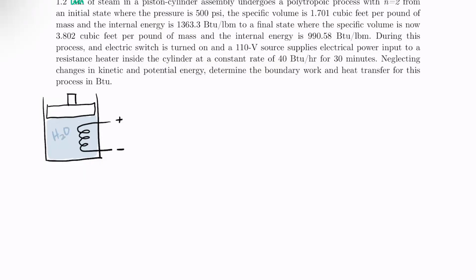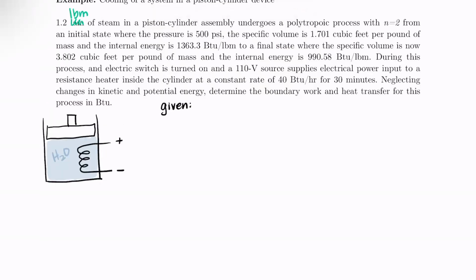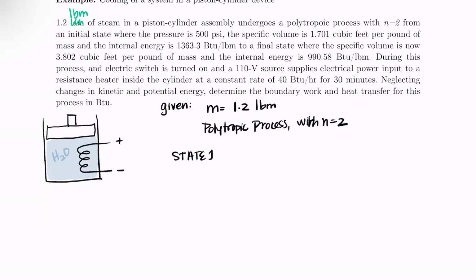And let's see what we're given. So our mass is 1.2 pounds of mass. We are given that it is a polytropic process with n equals 2. We're given a lot of information about state 1 and state 2, so I'm going to organize it that way. So we have state 1 and state 2.